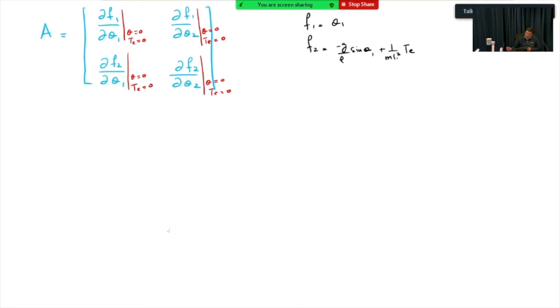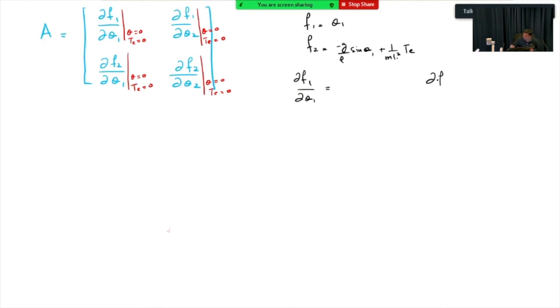Okay, so let's see what is curly f1 over curly theta 1. Okay, I need people's help right now.